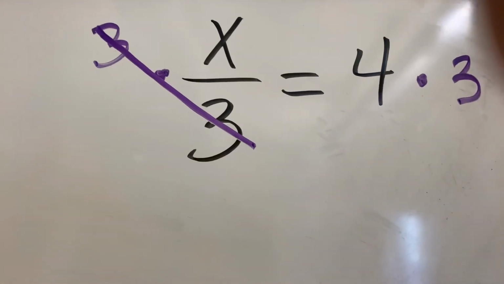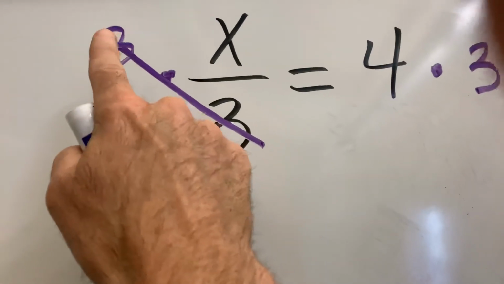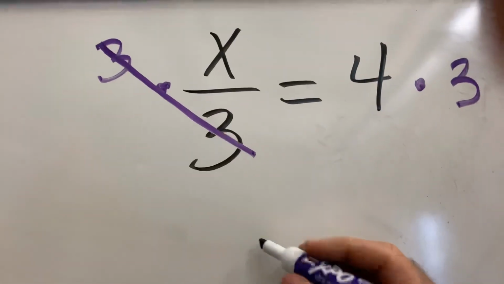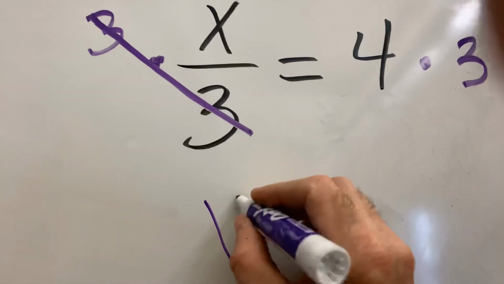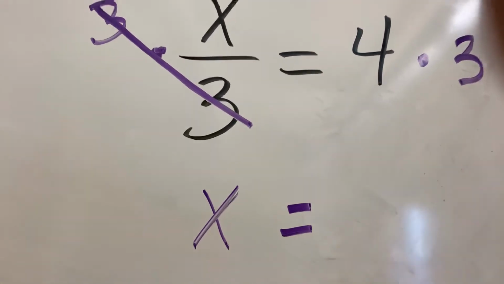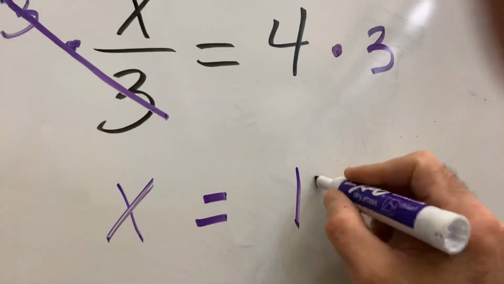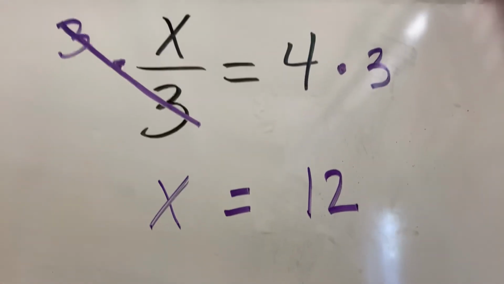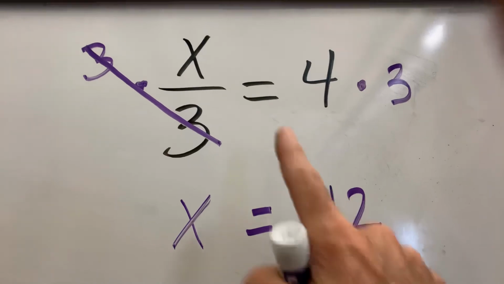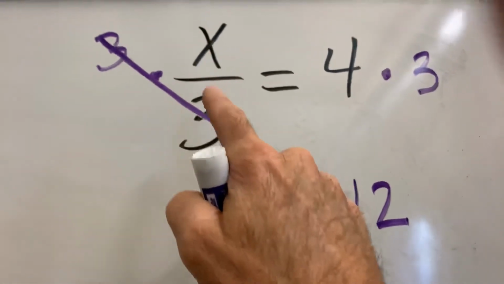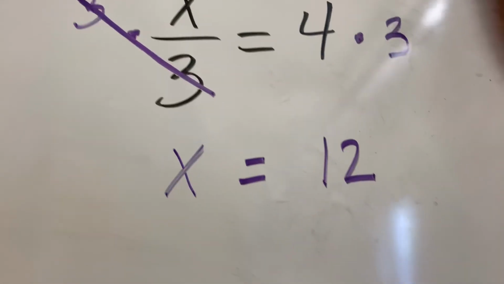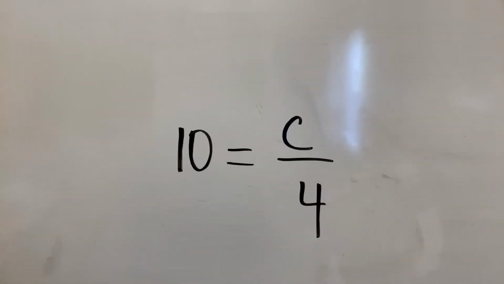That's why I put that 3 up so high, I'm trying to get this expression to just say my variable, x. X is 12. If I wanted to check my answer, I could just plug it in and say 12 divided by 3 is 4. That's true.